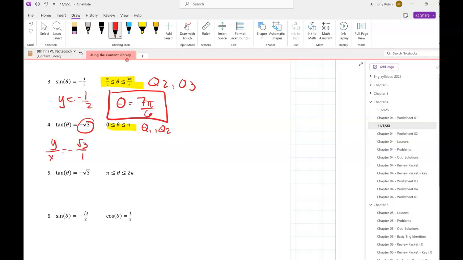So if I think about the negative square root of 3 as negative square root of 3 over 1, that would imply to me that the y should be square root of 3 and the x should be 1. But I don't see any place on my unit circle where the x coordinate is a 1 and then the y coordinate's a square root of 3.